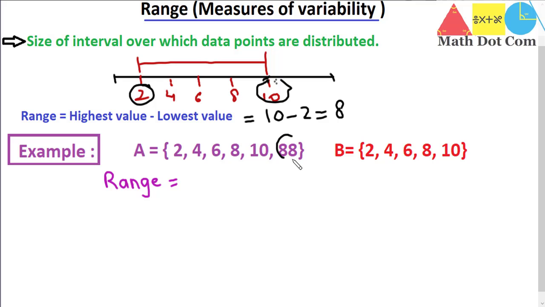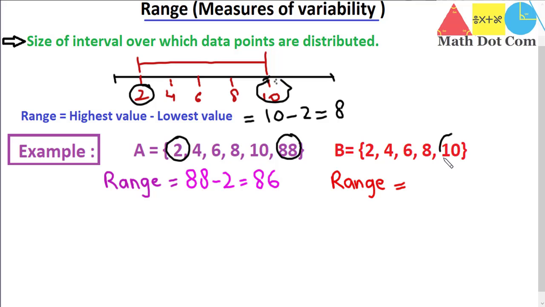The highest value is 88 and the lowest value is 2, so 88 minus 2 is equal to 86. So the range of A is 86. While for data set B, the highest value is 10 and the smallest is 2, so 10 minus 2 is equal to 8.